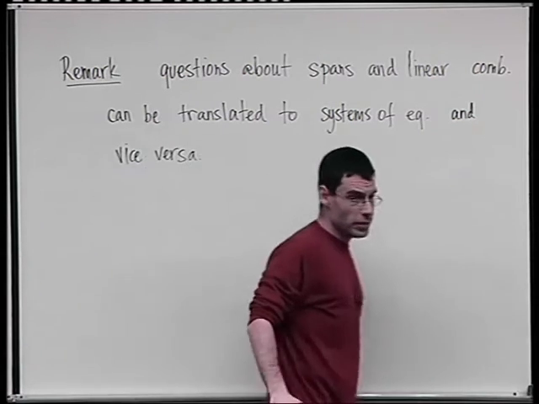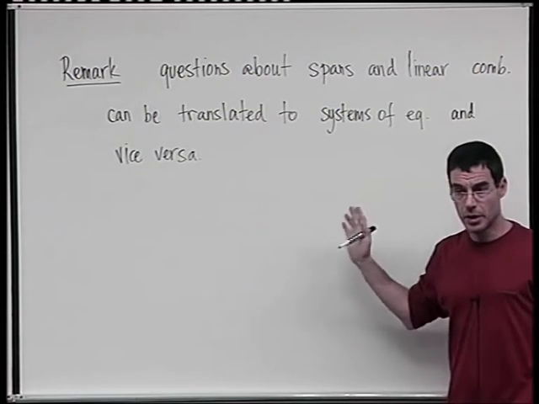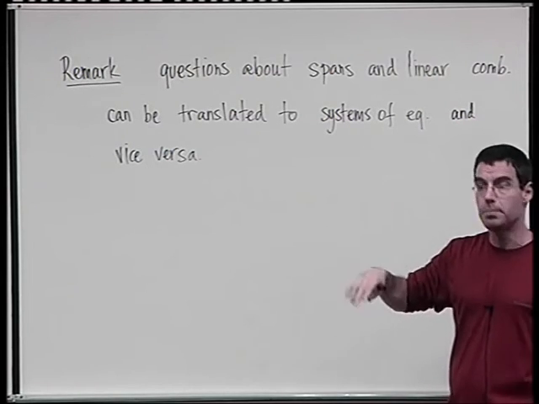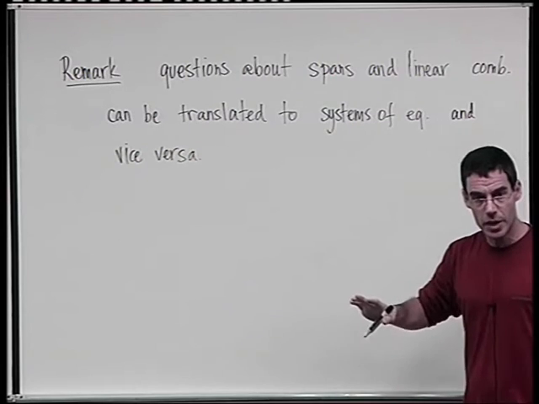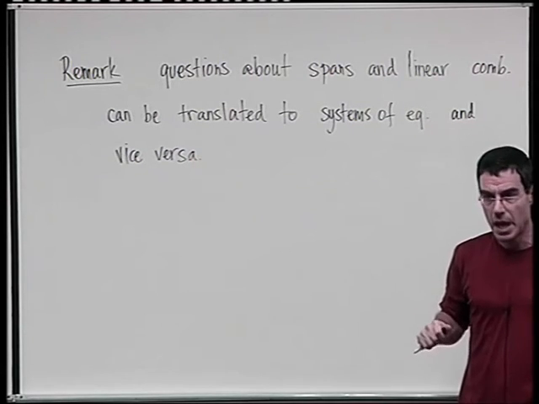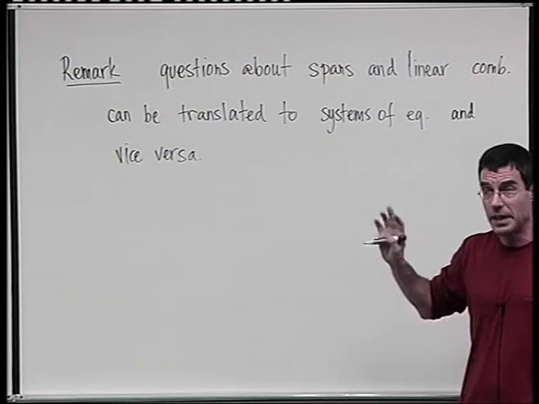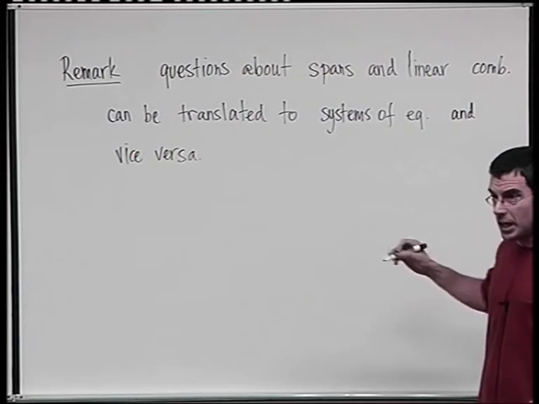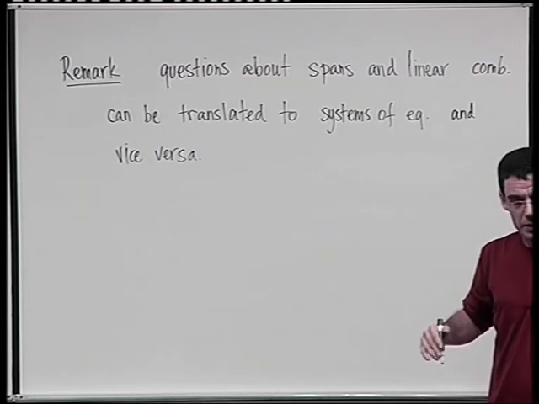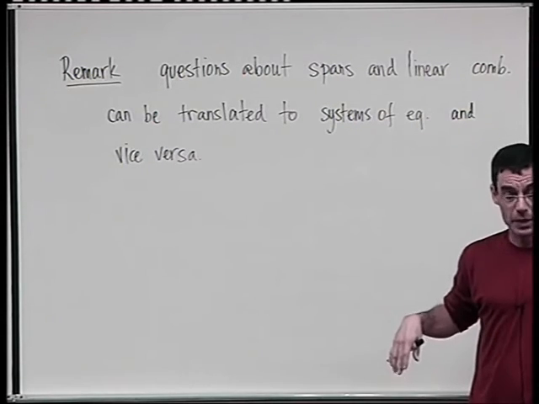Okay. Now there's a word of caution here. In this course, in fact, throughout this course, many things we're going to see can be translated to systems of equations. And one of the most common errors in this course is you get a question in your exam, and you see the data, you write a linear system and solve it.